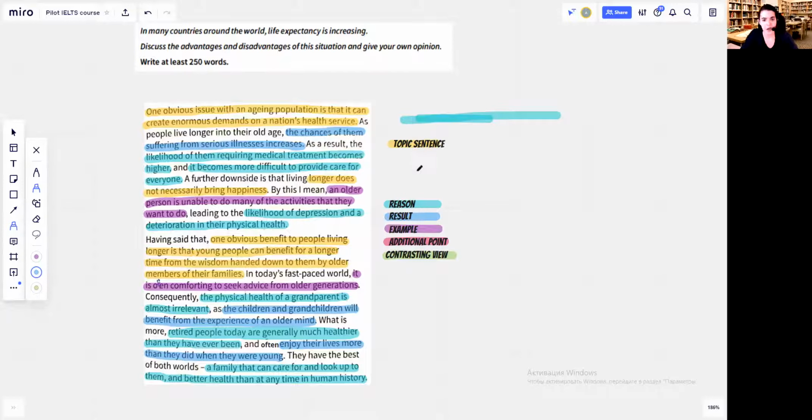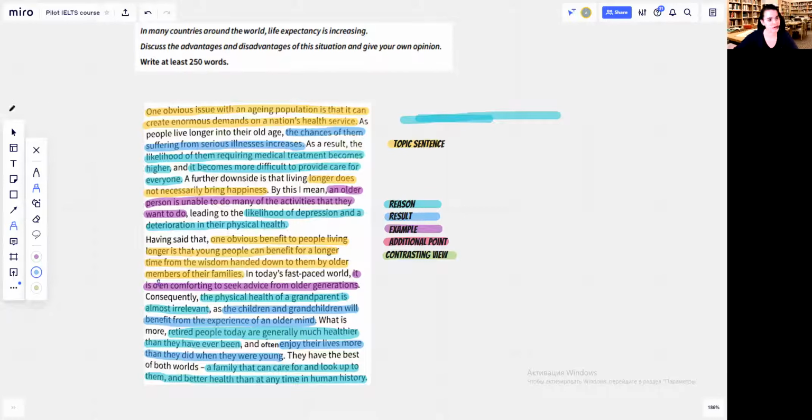By this I mean, an older person is unable to do many of the activities that they want to do. Correct me if I'm wrong, but I think it's an example. Leading to the likelihood of depression and the deterioration of their physical health. Likelihood of depression and their physical health becoming worse is obviously a result.